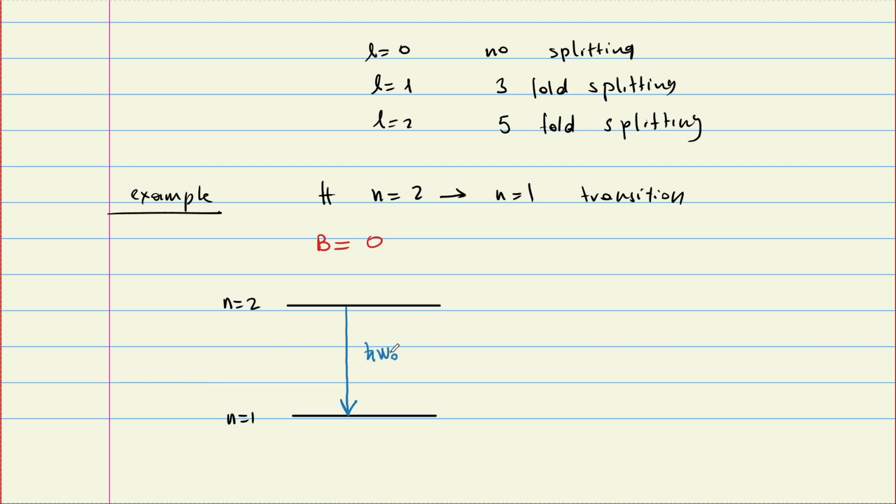You can calculate h bar omega naught right from the 13.6 eV. We know how to calculate that. And if we look at the experiment, it is something like that. You are looking through an eyepiece and there's a strip in front of you. And what you see is just a single line.